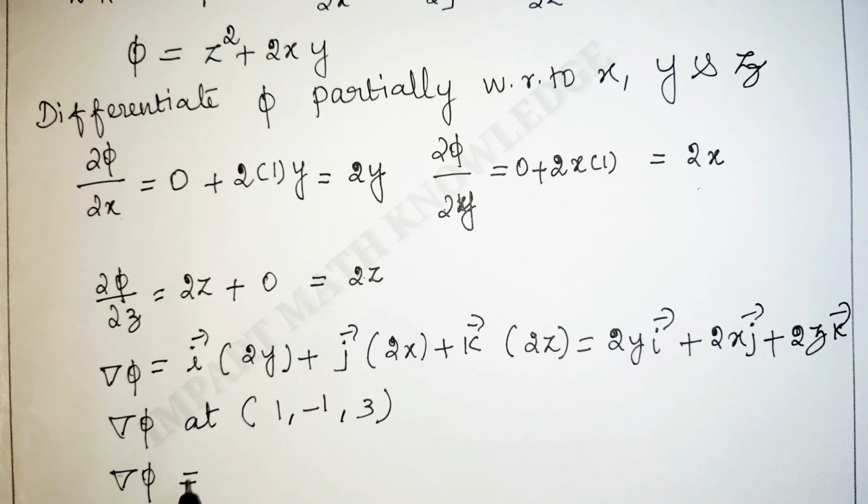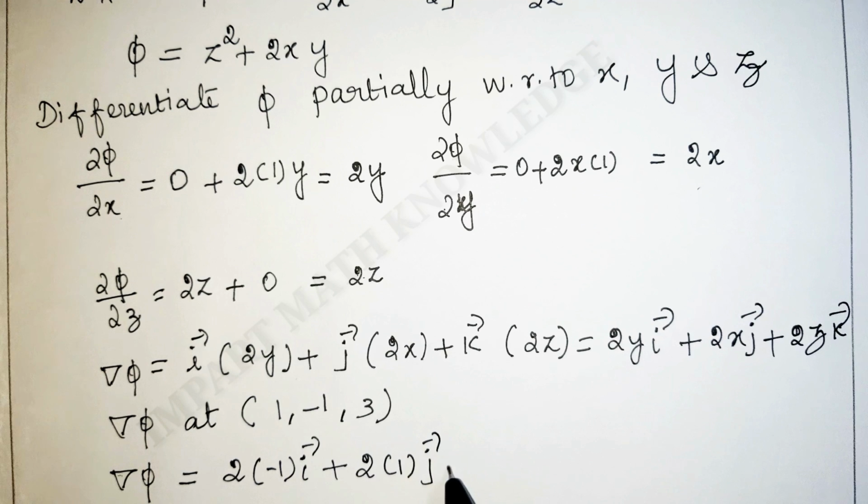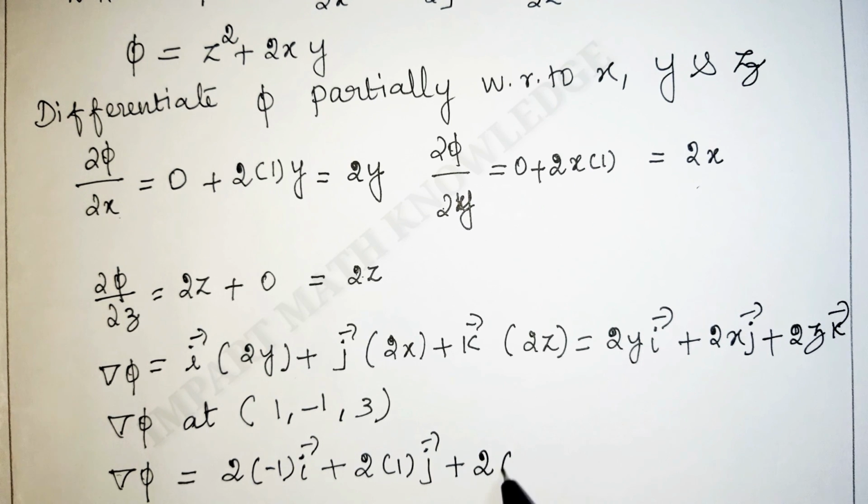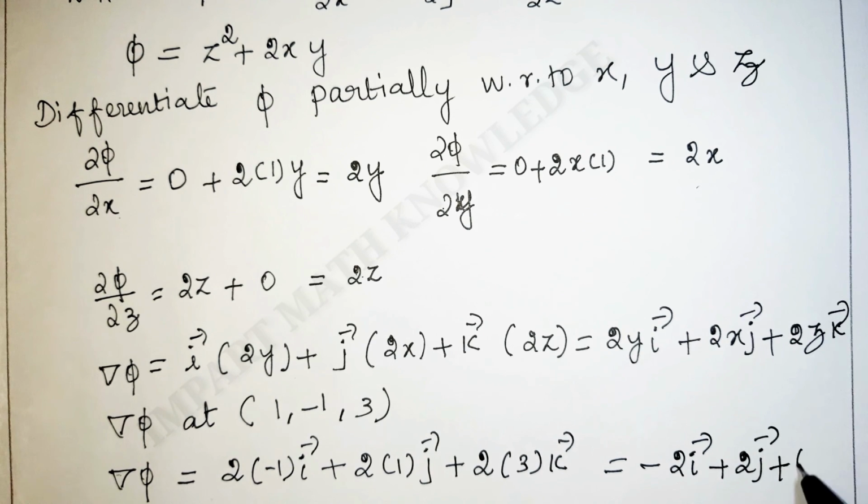Del phi is equal to 2 into y value is minus 1 i vector plus 2 x value is 1 j vector plus 2 into z value is 3 k vector. That is minus 2 i vector plus 2 j vector plus 6 k vector. Del phi at 1, minus 1 and 3 is minus 2 i vector plus 2 j vector plus 6 k vector.